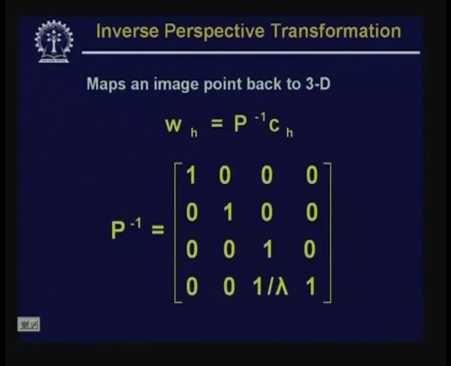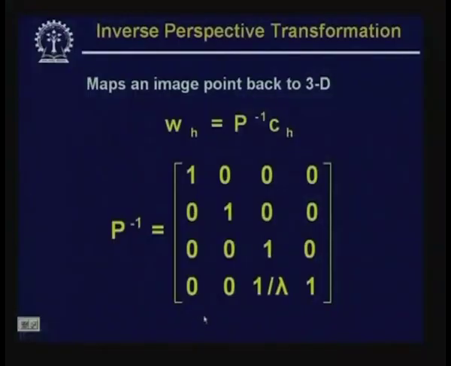again we make use of the homogeneous coordinate system, that is, the camera coordinate C or the image coordinate point C will be converted to the corresponding homogeneous form, which is given by C h, and the world point W will also be obtained in the homogeneous coordinate form W H. And we define an inverse perspective transformation P inverse, which is given by 1 0 0 0, 0 1 0 0, 0 0 1 0, and 0 0 1 upon lambda 1.